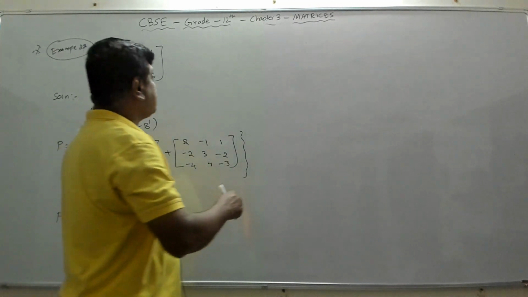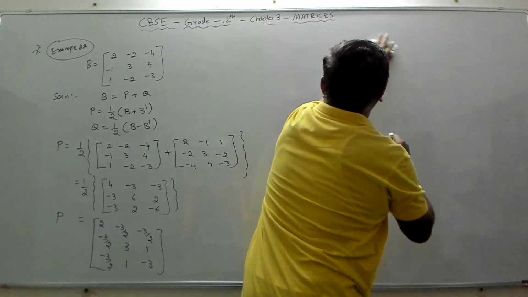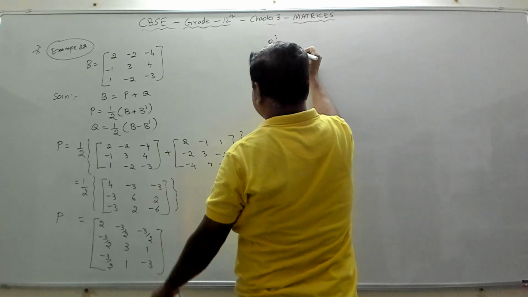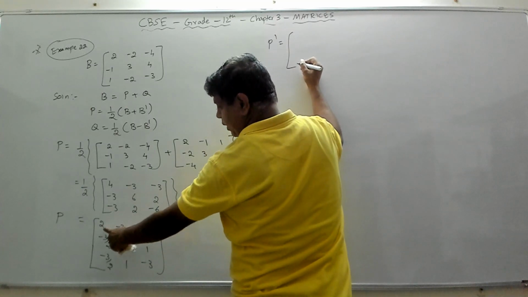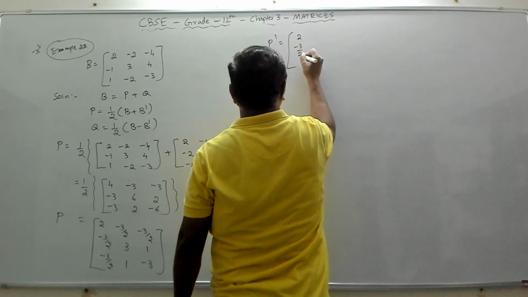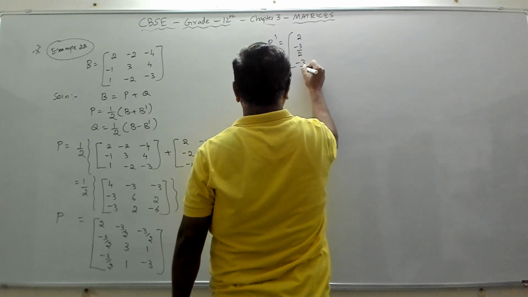Now if you take the transpose of P, what is P transpose? What is the transpose of this? You have to write the rows as columns. So 2, minus 3 by 2, minus 3 by 2.